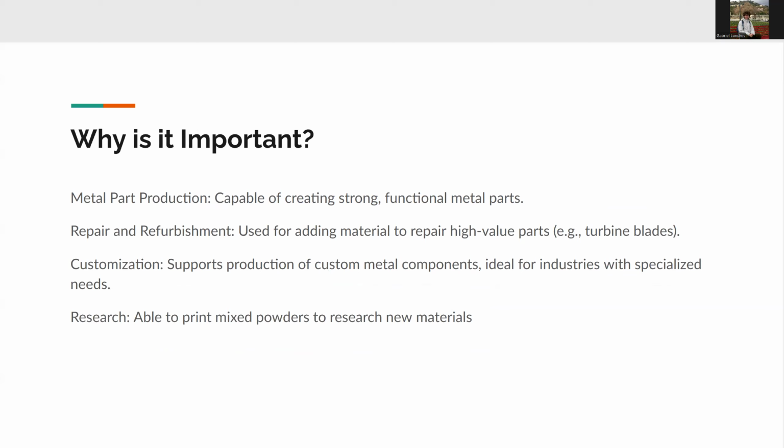It's very nice to use for adding material to repair high-value parts, such as turbine blades, and it supports production of custom metal components, ideal for industries with specialized needs. And it's very useful for research, which is something actually that I do, where you are able to print mixed powders to research new composite materials.